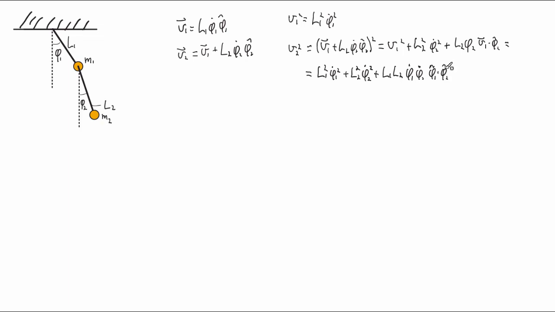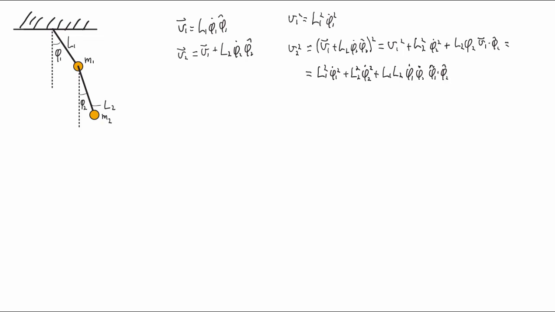Like that. So now we want to find out, the one thing we need to calculate now is what the scalar product is. The scalar product of phi 1 hat with phi 2 hat. So we know that the scalar product of two vectors is the product of the magnitudes of the two vectors, which in this case is 1 in both cases, times the cosine of the angle between them.